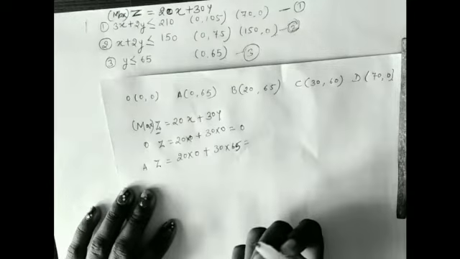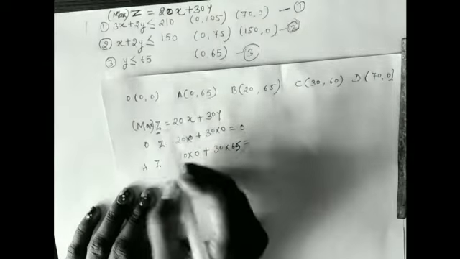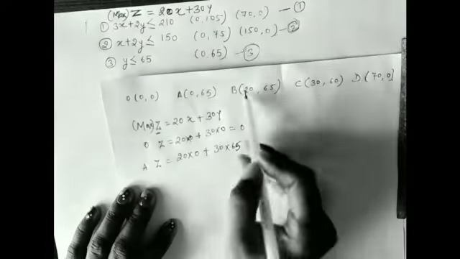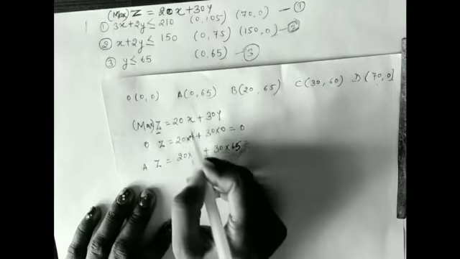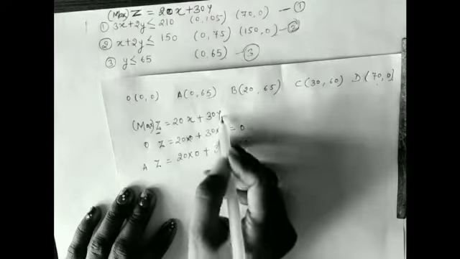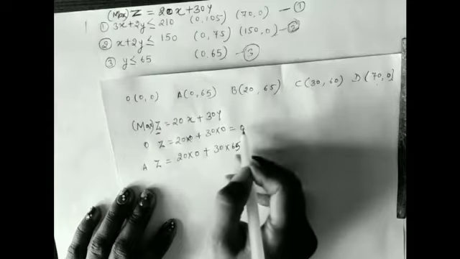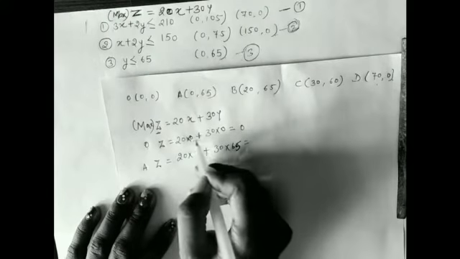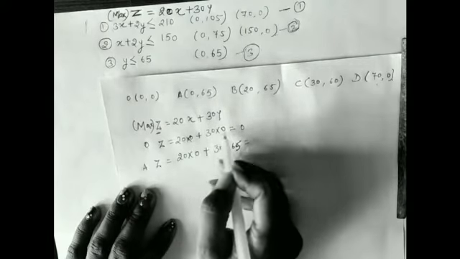Here z is profit. We have to check the amount of profit for all these points. So first of all, we are checking for 0. z equals 20 into x is equal to 0 plus 30 into y is equal to 0. This is equal to 0.